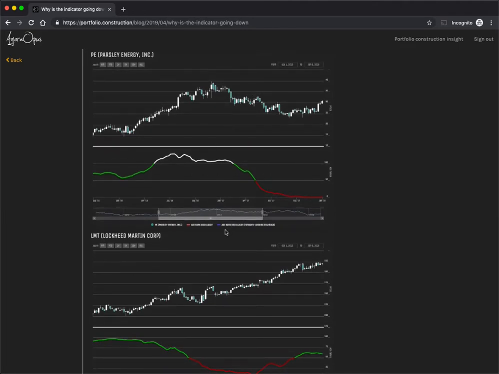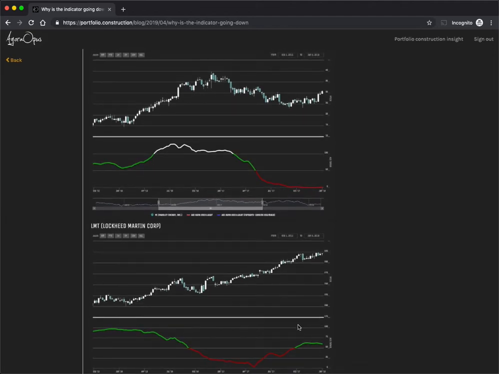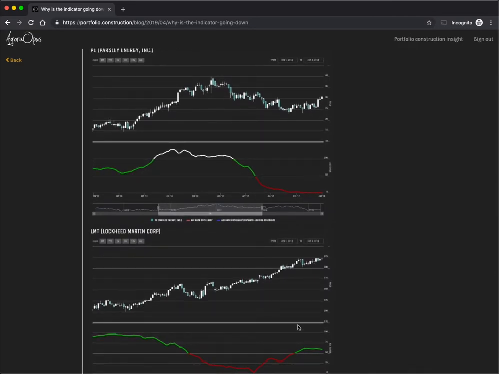The graphs here are showing the same time period, so we can compare them to each other. And of course, this is just two examples of a lot of companies that we look at, but it illustrates the point.